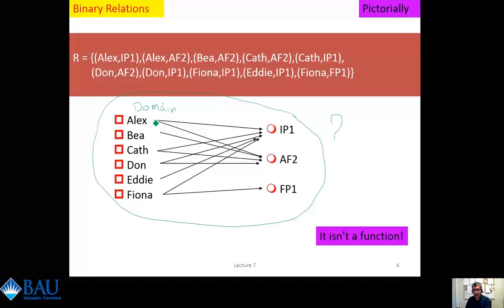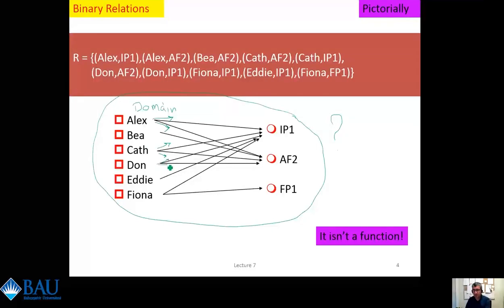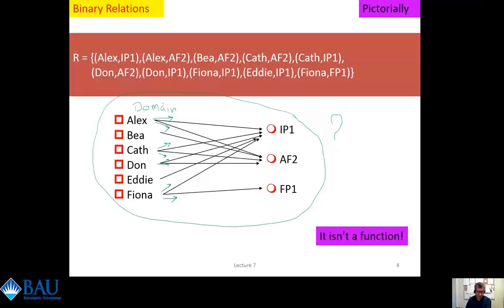Look, Alex has two outputs, and Cat also has two outputs, Donna as well, Fiona as well. So it is impossible to be a function. At the moment, just note that a function is a special case of a relation that we will talk about later on. So note that it's not a function.